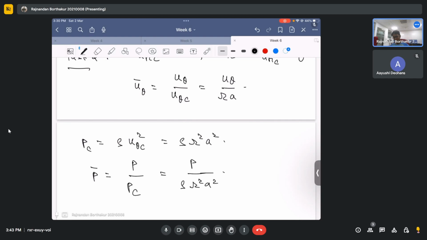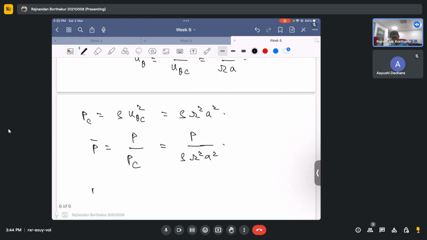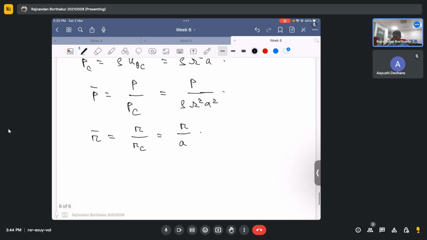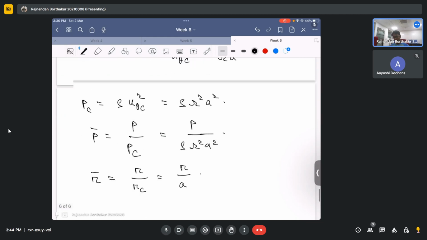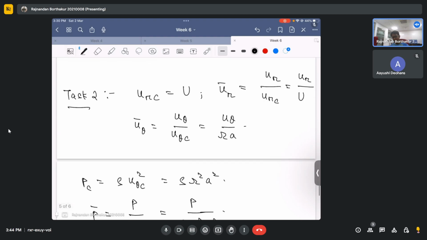And finally, we have the non-dimensional length scale R bar as R by RC, and RC is equal to A, so this becomes R by A. So we have defined the non-dimensional coordinates here: UR bar, U theta bar, P bar, and R bar. So what's the next step?